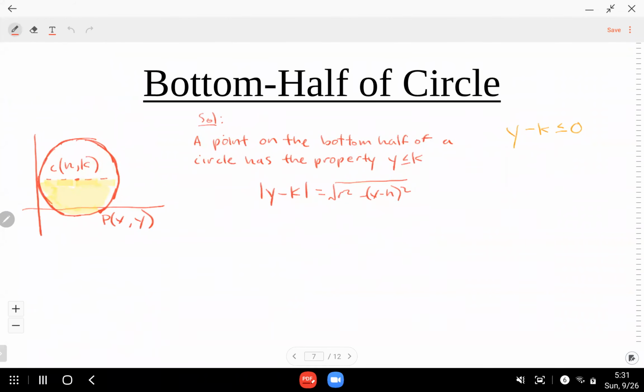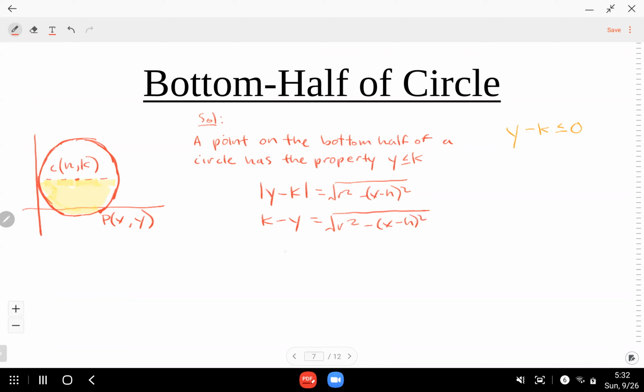And y minus k is less than or equal to 0, meaning that once we remove the absolute value bars, it's going to be negative y minus k, which is basically k minus y. So we have k minus y, which equals the square root of r squared minus x minus h squared.